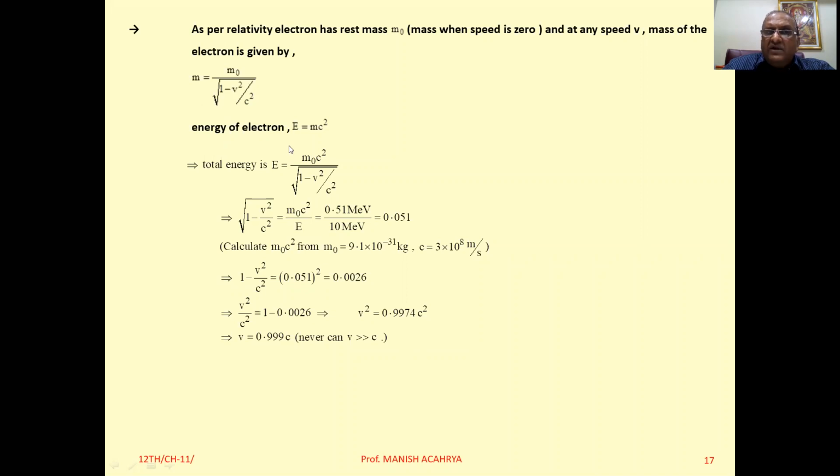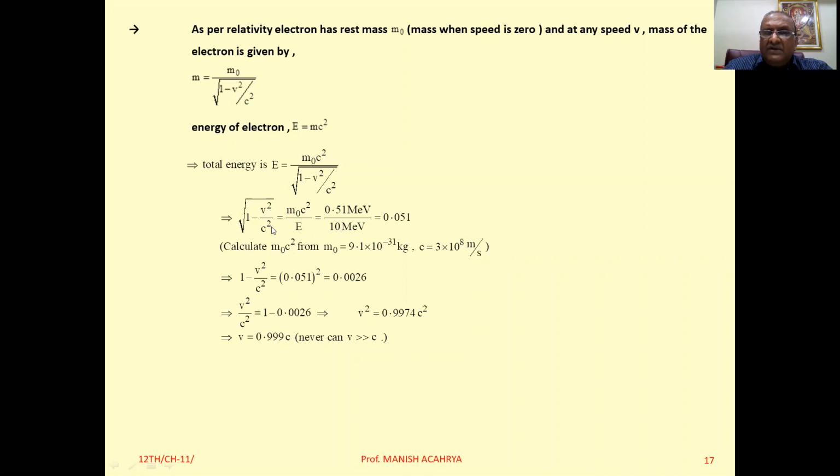Now, if we calculate the energy by the equation given in the theory of relativity, E equals mc square, then substitute m equal to m0 upon under root 1 minus v square by c square.